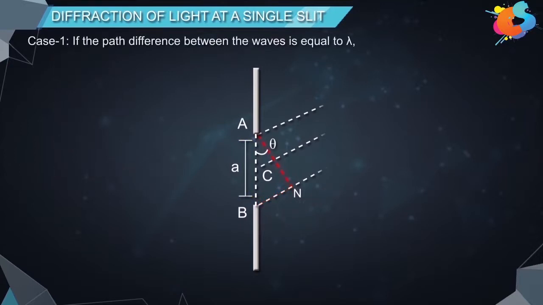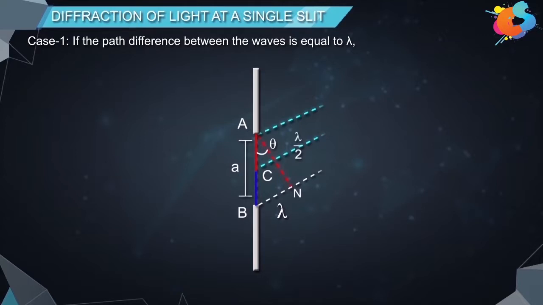Now, case 1. If the path difference between the waves is equal to lambda. To analyze this condition, let us divide the whole wavefront AB into two equal halves, AC and CB. Since the path difference between the secondary waves from A and B is lambda, the path difference between the secondary waves from A and C reaching P will be lambda by 2.